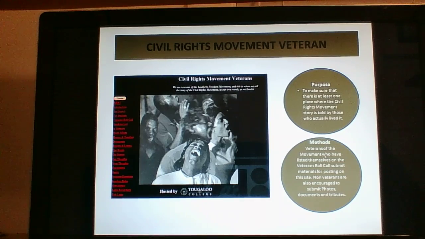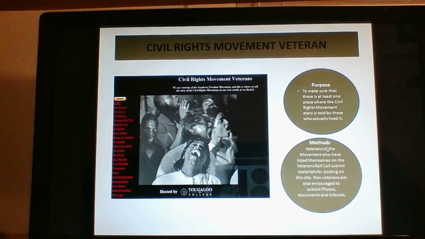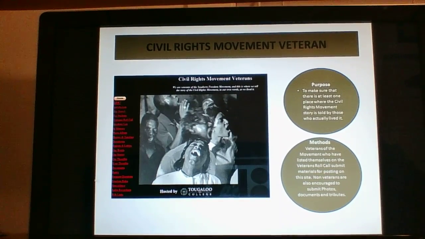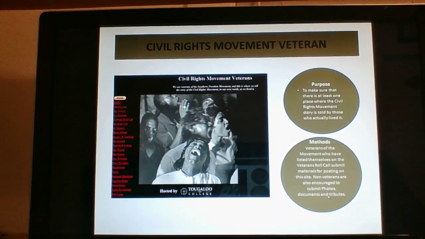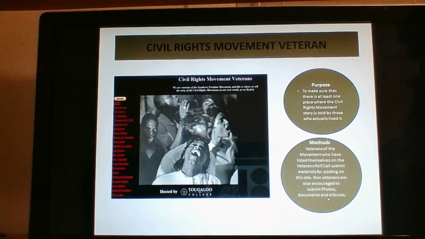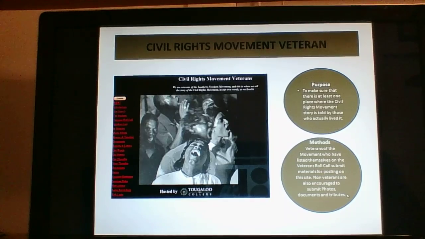And the methods used: veterans of the movement who have listed themselves on the veterans roll call could submit materials for posting on the site. Also, non-veterans are allowed to submit photos, documents, and tributes. Here, this actually depicts the theme, which is digitizing memories. By paying tributes to these loved ones, their memories are alive even in death.